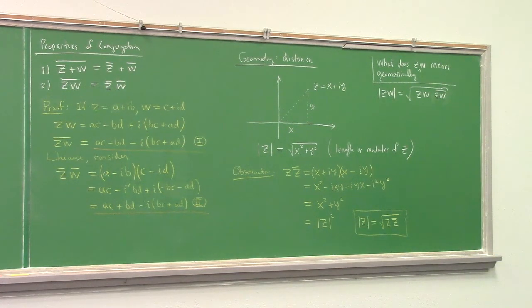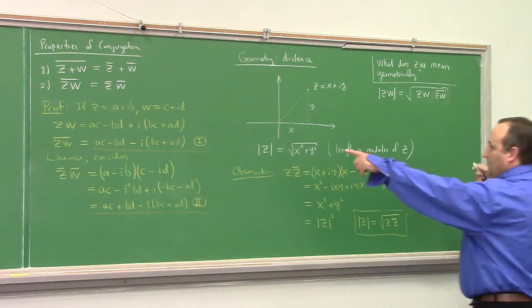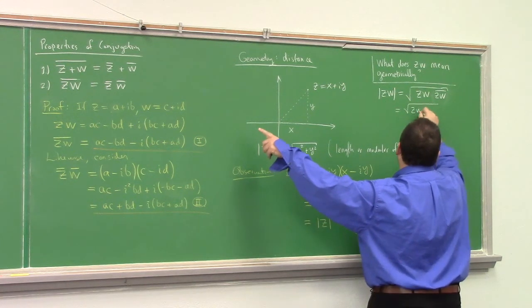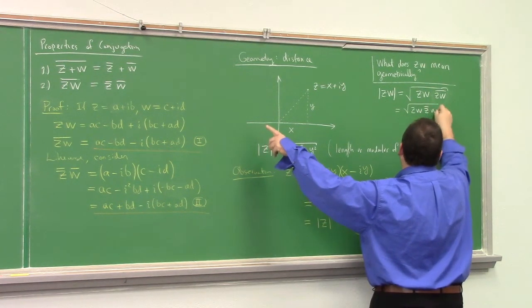By the way, that's an ordinary garden variety real square root, right? Because we know that the product of z and z bar is x squared plus y squared, which is manifestly real, right? So what can you do? Well, we know properties of conjugate, right? We just proved over there number 2. So this is the square root of zw, z bar w bar.